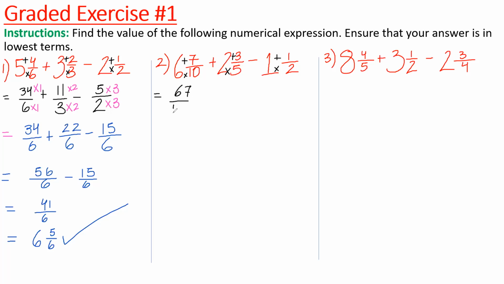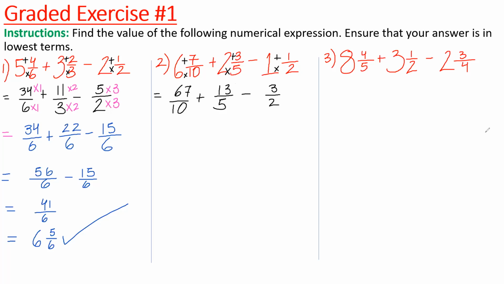And we're going to change 2 and 3 over 5: 2 times 5 is 10, plus 3 is 13, so that's 13 over 5. Minus, and we're going to change 1 and a half: 1 times 2 is 2, plus 1 is 3, so it's 3 over 2.